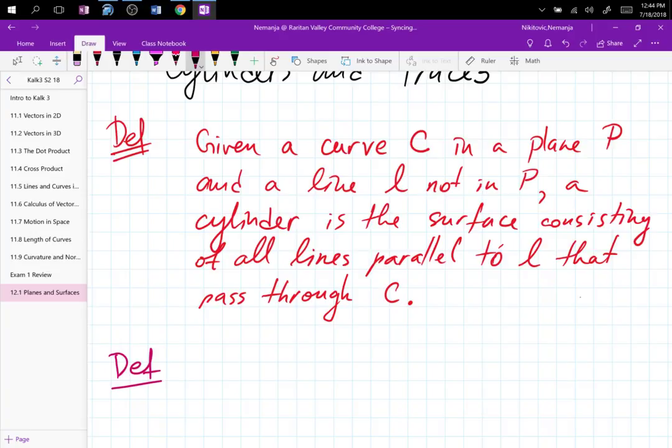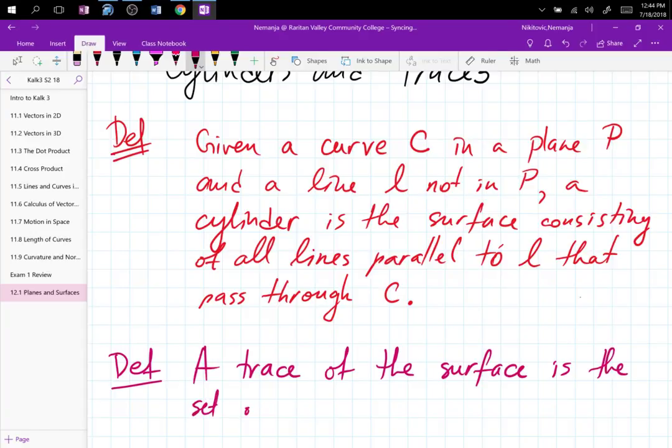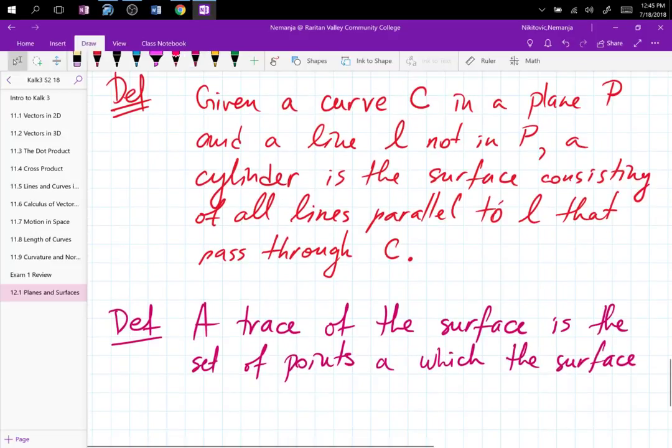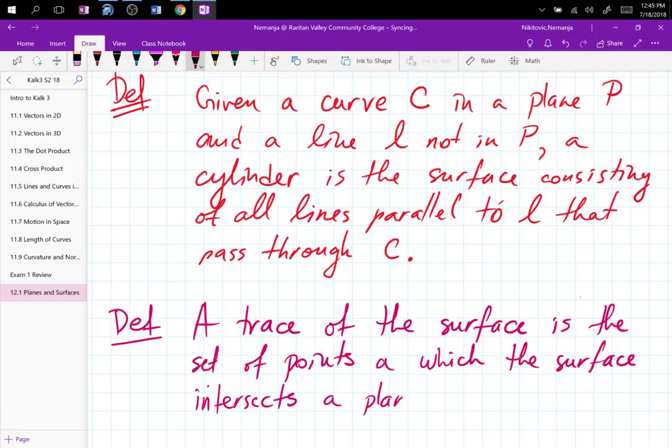A trace of a surface is the set of points at which the surface intersects a plane that is parallel to one of the coordinate planes.